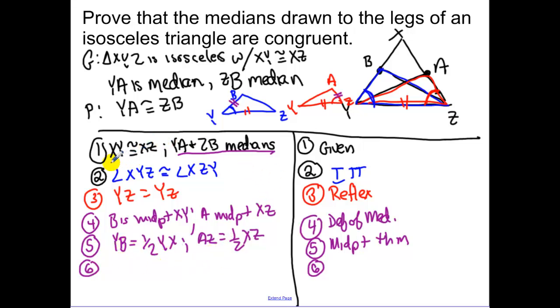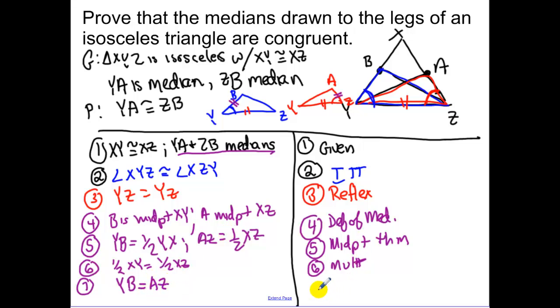I know XY is equal to XZ, so therefore by multiplication, 1/2 XY is equal to 1/2 XZ, and that is by either multiplication or division. Then next, since 1/2 XY equals 1/2 XZ, YB is equal to AZ.